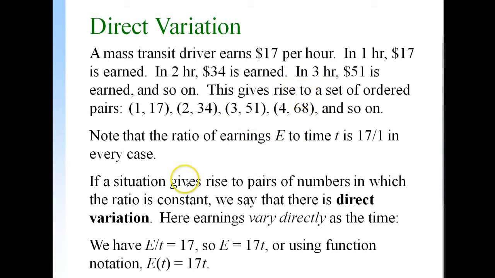So you could set it up into a direct variation in that the earned income is equal to 17 times T, 17 being the constant of variation here. And in function notation, you could write it this way.